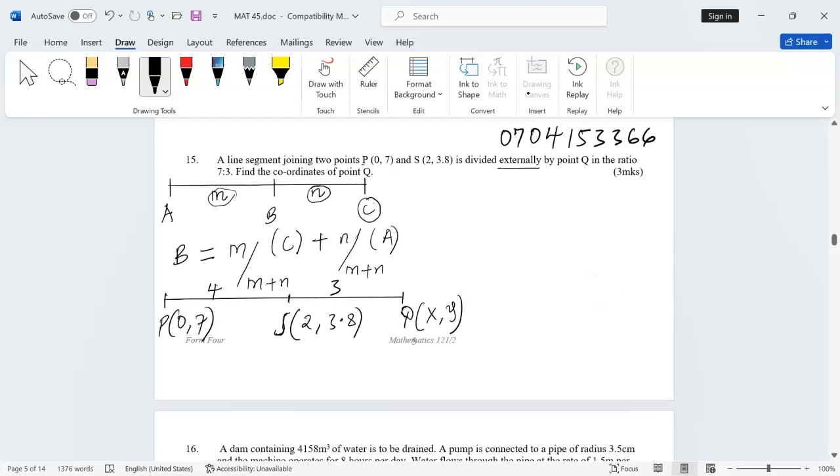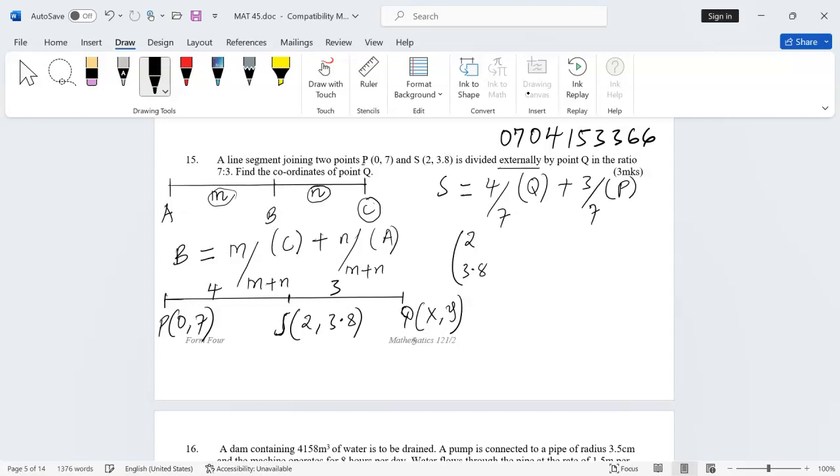Therefore, we can express the coordinates of S according to the ratio theorem. Coordinates of S will be given by the proportion at the first point, which is 4, out of total proportion 7, multiplied by coordinates of Q. Then we add the other proportion, which is 3, out of total proportion 7, multiplied by the opposite coordinate, which is P. So S is known to be (2, 3.8).